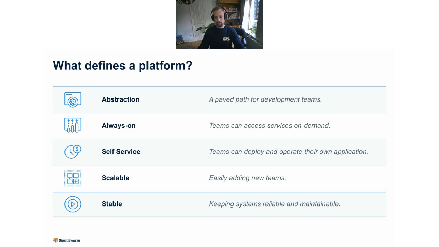The second one is always on. So teams can access services on demand. There's no waiting time when I have to deploy something, when I need a cluster, a dev cluster, for example. The developer team should have access to the services on demand, so that we can accelerate software delivery. The third one is self-service. The teams can deploy and operate the application on their own.